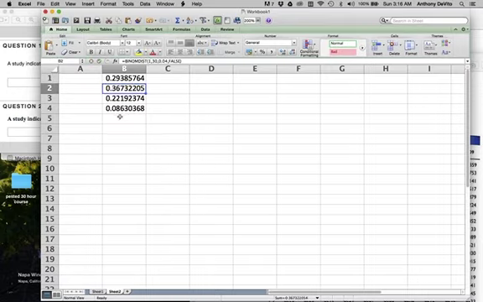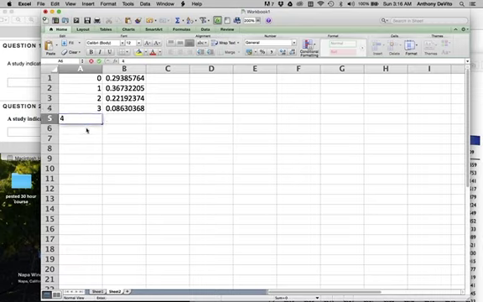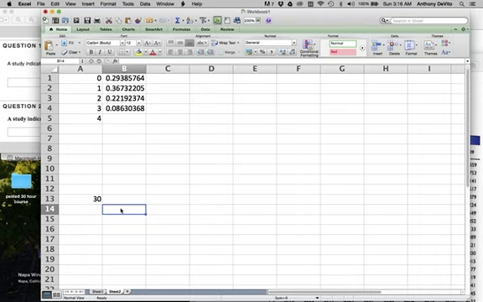Okay, and if I were to do this for every possibility, this is 0, this is 1, this is 2, this is 3, this is 4, and we could have 5 and 6 and 7 and 8. If I were to do this for every possibility, I'd get down to 30, right? The sum of all the probabilities is going to be equal to, of course, 1.